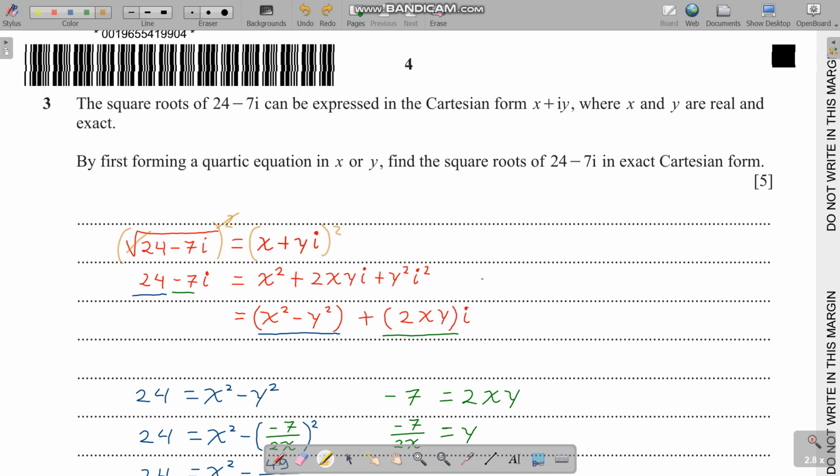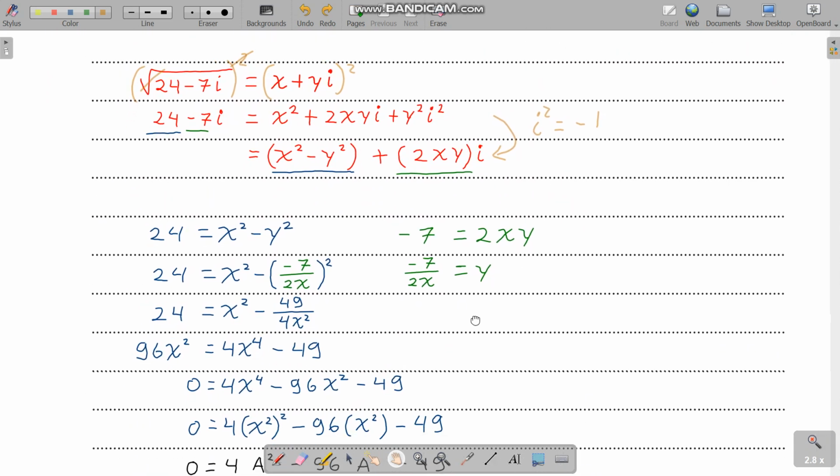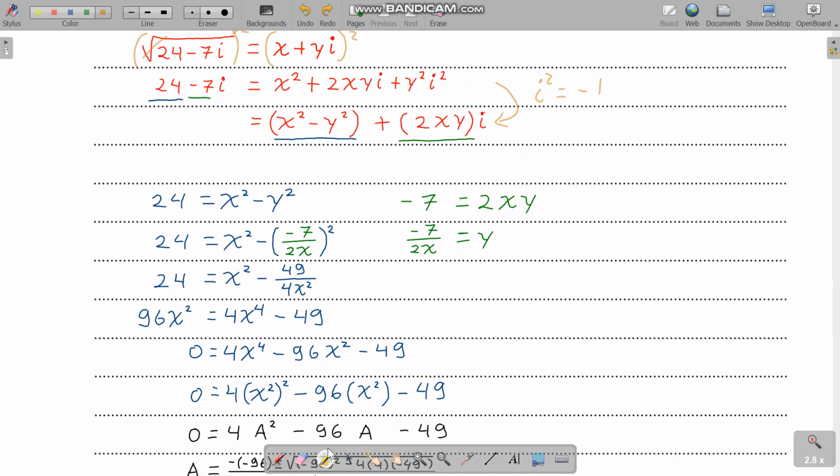And remember that i squared is minus 1, which means we have x squared minus y squared for the real part, and for the imaginary part 2xy. Now we equate the real part and the imaginary part on both sides. On the left, the real part is 24, so 24 equals x squared minus y squared, and the imaginary part is minus 7, so minus 7 equals 2xy.